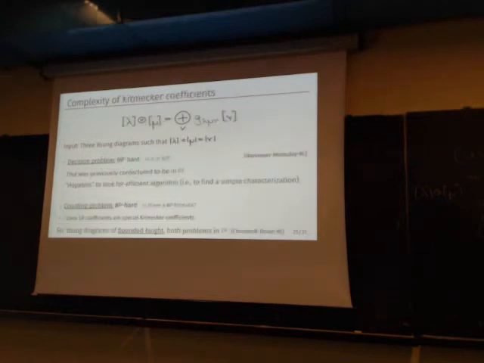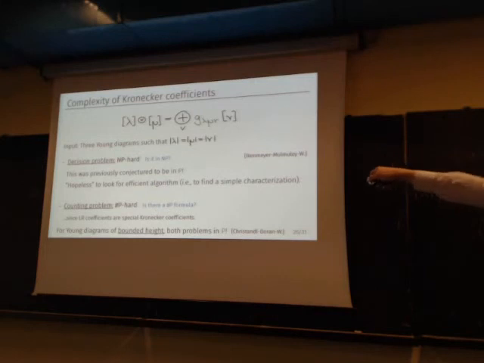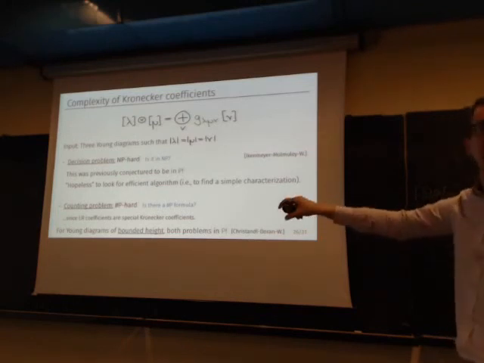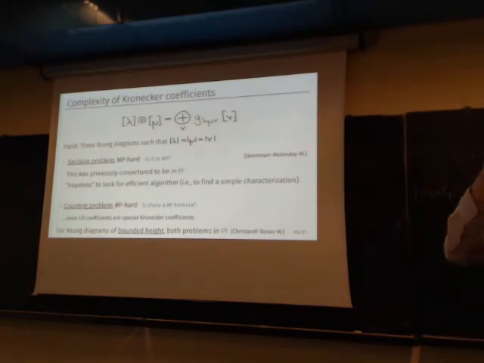Now we can ask for the Kronecker coefficient. What's the situation there? It's a similar problem. Now we're given two Young diagrams with the same number of boxes, and we can ask, is the Kronecker coefficient zero or non-zero, and how hard is it to determine the number? Here the counting problem is already at least as hard as the Littlewood-Richardson problem, because that one was hard, and Kronecker coefficients are more general.